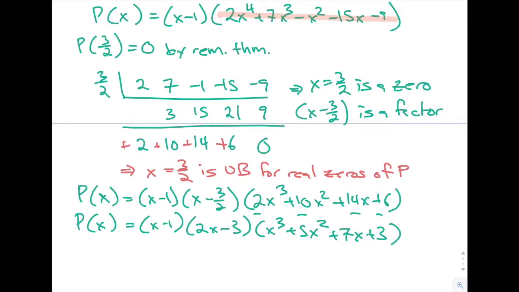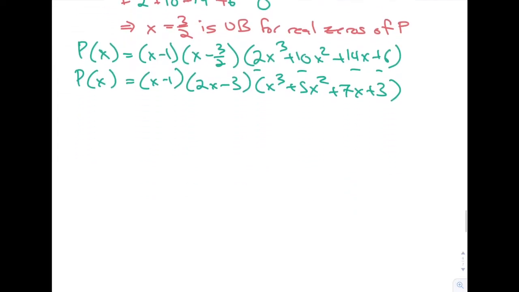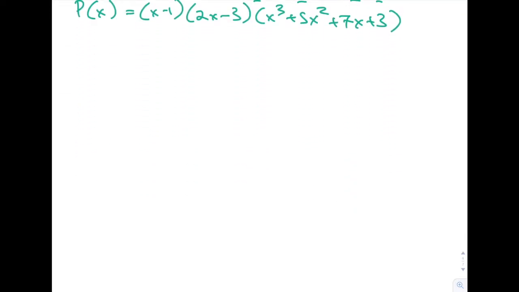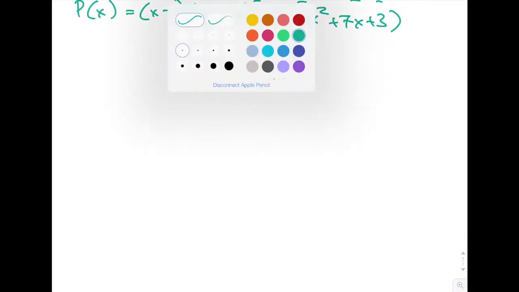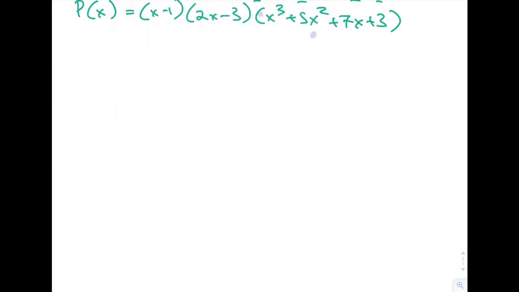Okay, and now at this point, I would say we can just perform Descartes' rule of signs again with this new polynomial here. If we do the rational roots theorem again, we have a leading coefficient of 1, constant term of 3, so that means all we'd have is plus or minus 1 or plus or minus 3.